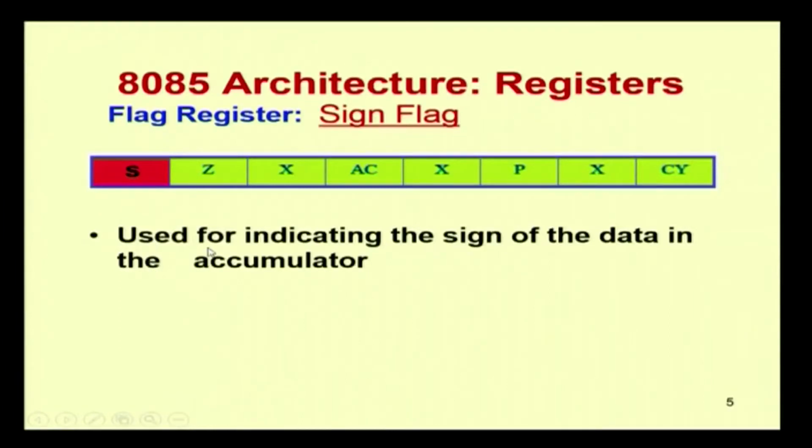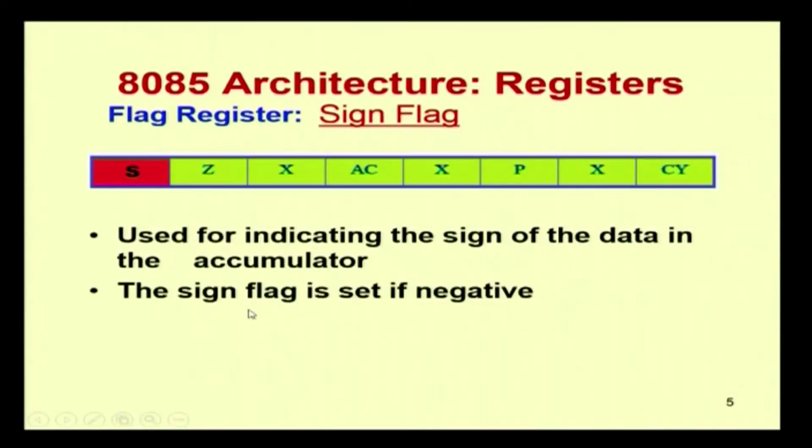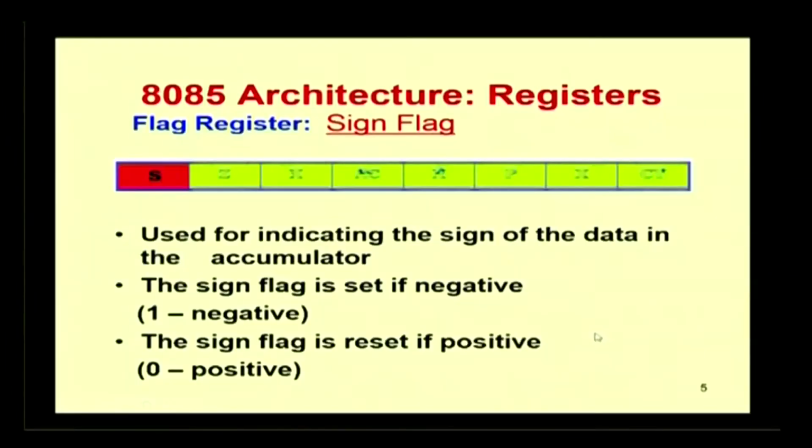When you use signed arithmetic, the most significant bit represents the sign bit, so a negative number is represented by the most significant bit. If the most significant bit is 1, then this bit will be set, indicating a negative number in signed arithmetic format. Otherwise, if the most significant bit is 0, this will become 0.